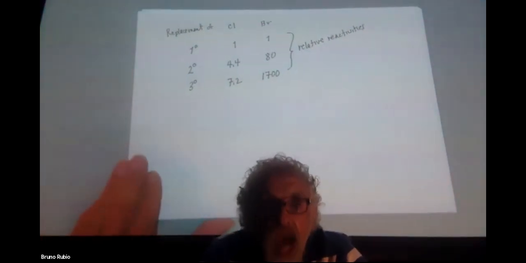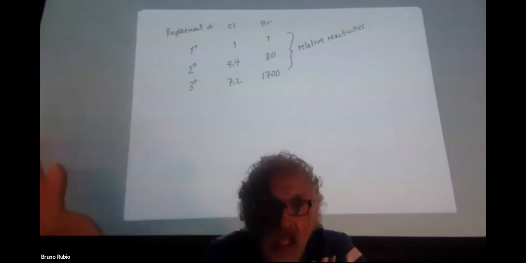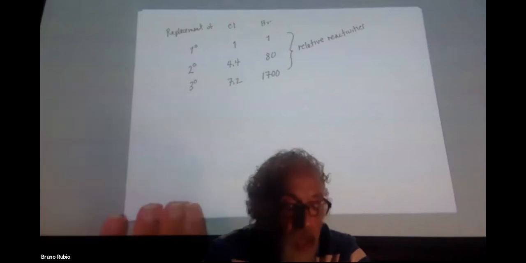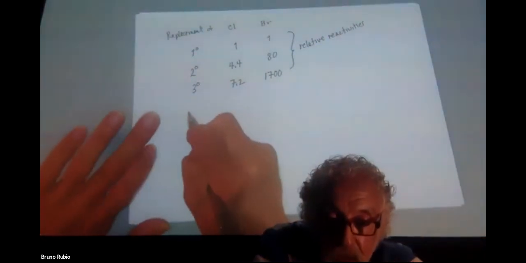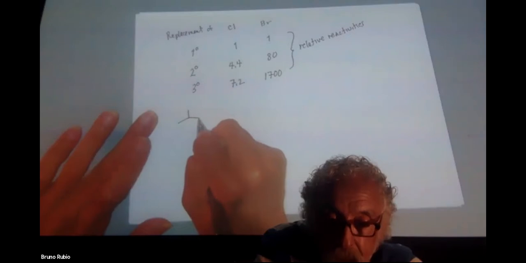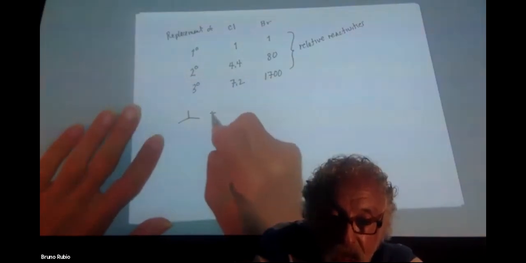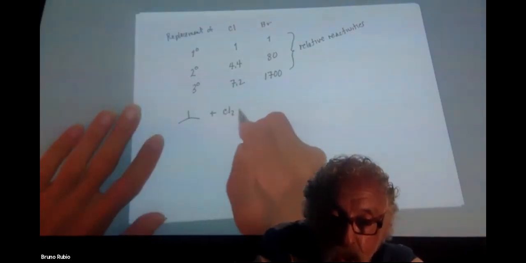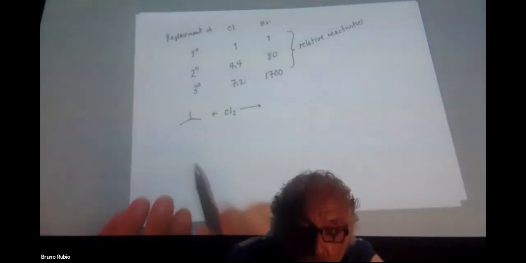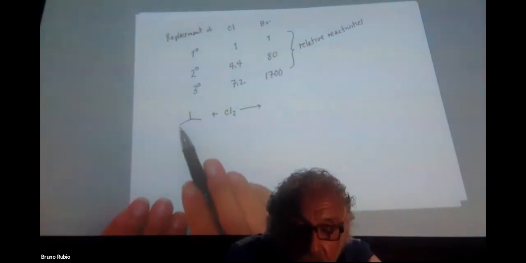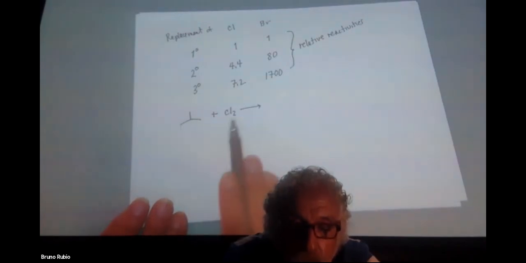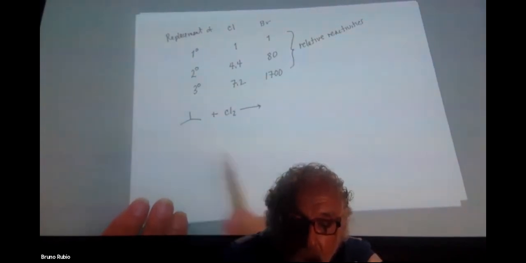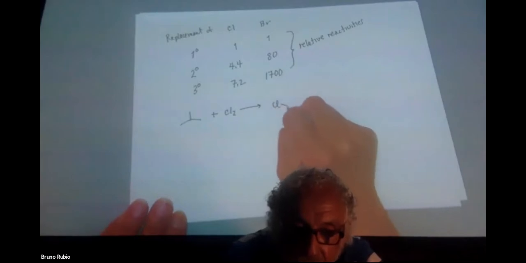But now we have a complicating factor, in that we have a statistical factor. For example, if we have something like this, and we react that with Cl2, we can replace the hydrogens that live on these carbons with Cl, and we'll get maybe something that looks like that.